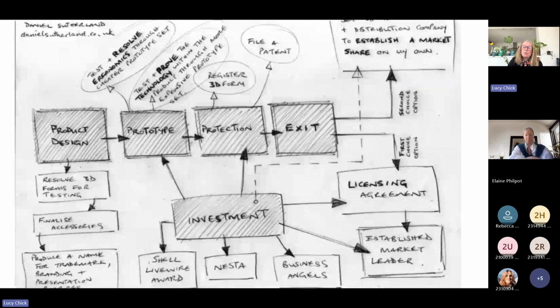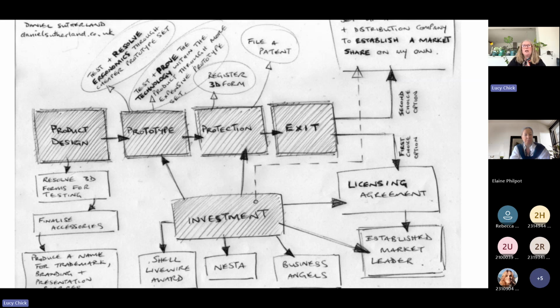The interesting thing about this one is it's possibly a little bit more realistic to what a business actually is, in that the person's thought about, okay, the product design, the prototype, protection, which is copyright of that idea, and then exit. This is if they're wanting to sell the business, but they've also thought about, where am I going to get my investment from? What do I need to resolve? So up here it says test and resolve ergonomics for the chairs. Then they're thinking about the technology, they're thinking about distribution, so it's got many stages.